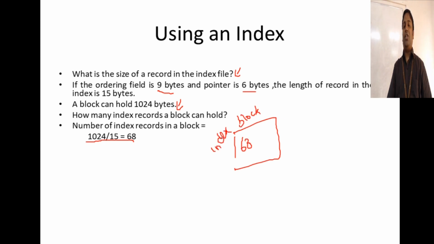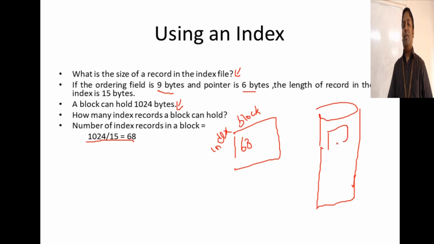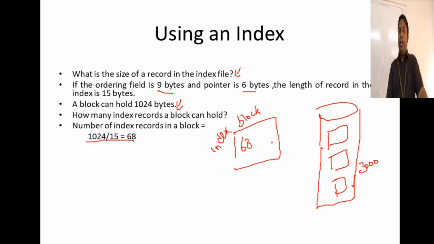This is the index structure. Whereas when you talk about the actual database, how many blocks are there in the database? You can think about 3000 blocks. That's what we have identified. So now according to our primary index concept, how many entries should be there? There should be an entry for every block, so the index should hold totally 3000 entries. But a block can hold only 68 entries.